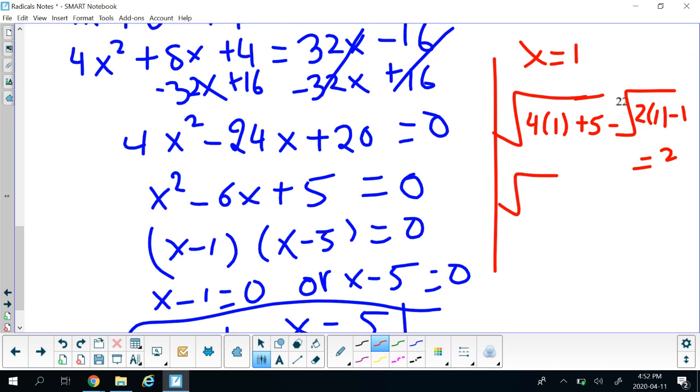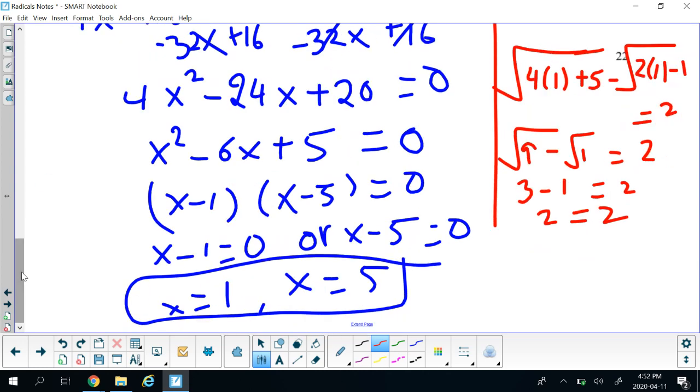So this becomes square root of 9 minus square root of 1 equal to 2. Square root of 9 is 3. 3 minus 1 is 2. So our left side is equal to the right side. It means that x equal to 1 is a solution. Let's verify our second solution now. So our second solution was x equal to 5.